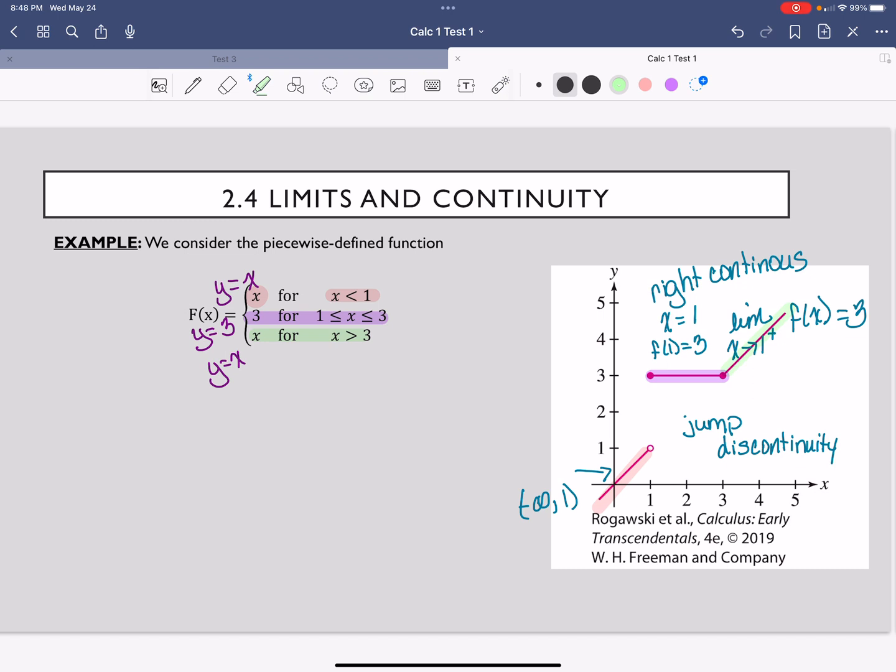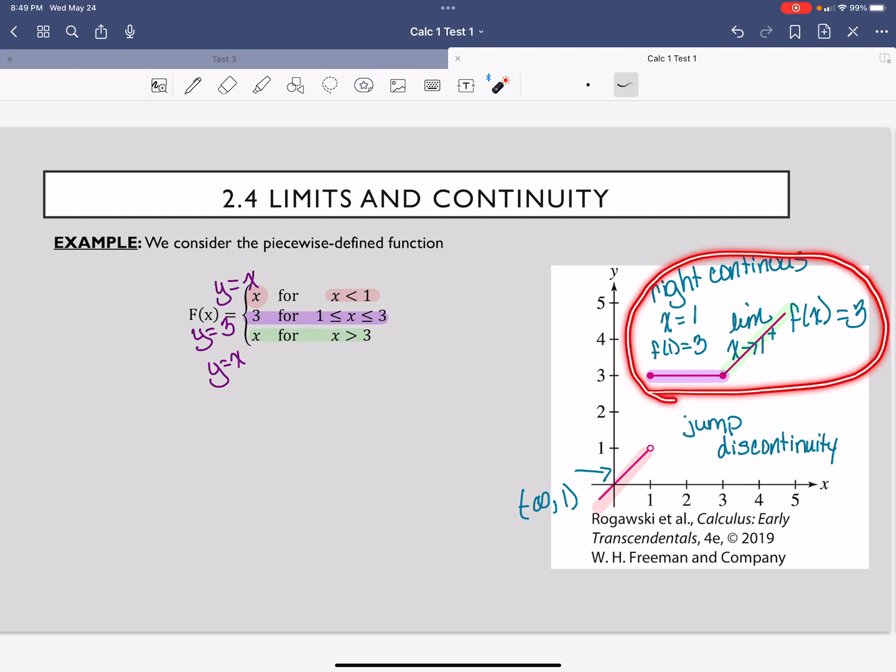And that goes on from 3 to infinity. And so this is a piecewise function. This is an example of our jump discontinuity. And here we have a right continuous interval or part of the graph right here.